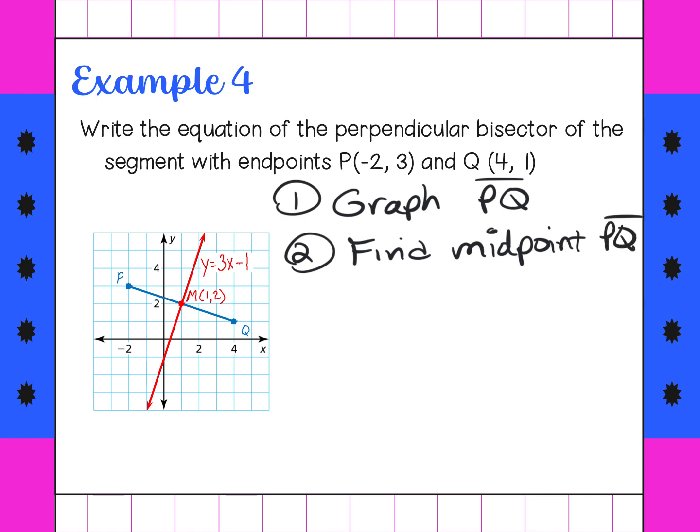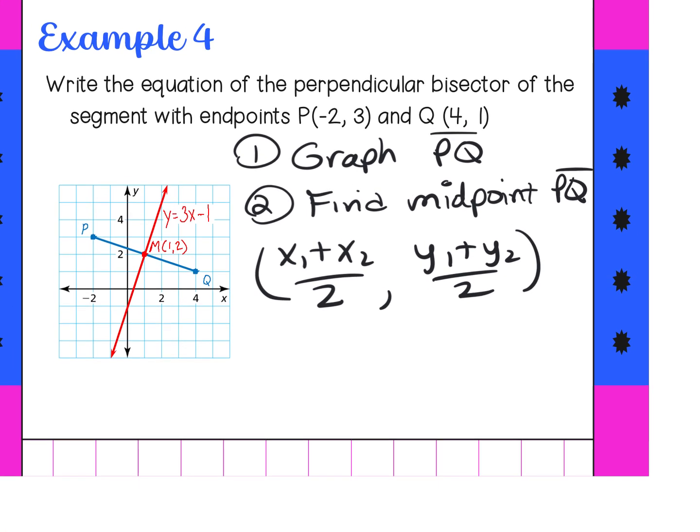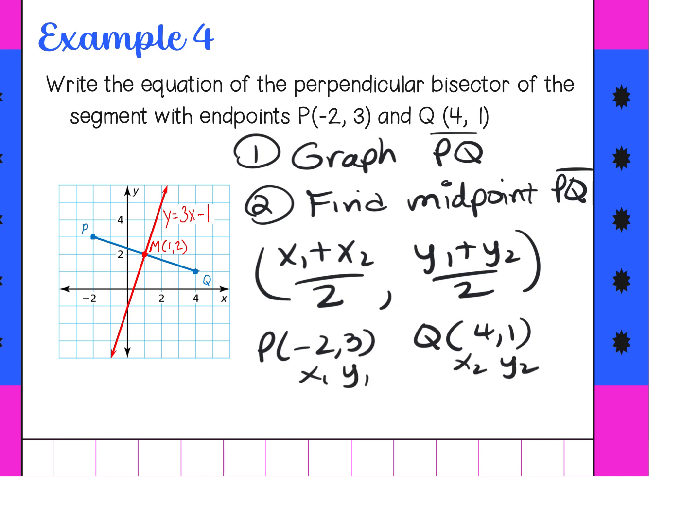And the midpoint formula is x1 plus x2 divided by 2, y1 plus y2 divided by 2. The ordered pairs I'm using are the ordered pairs P and Q, which was given to me. And I could say this is x1, y1, x2, y2. It doesn't really matter.